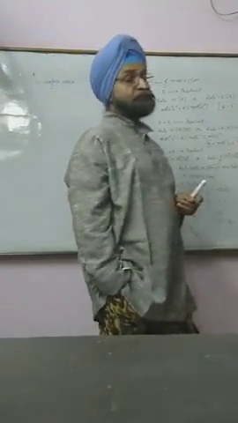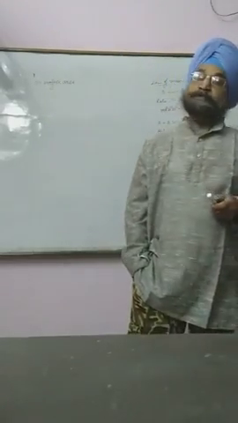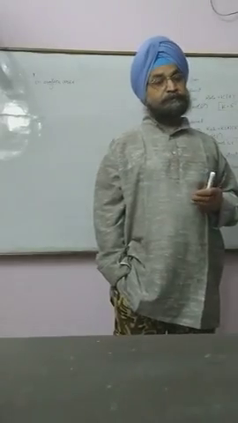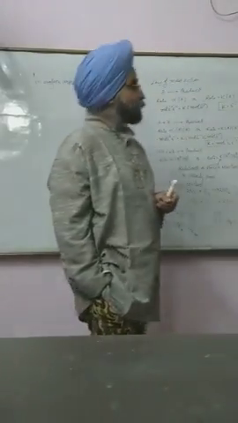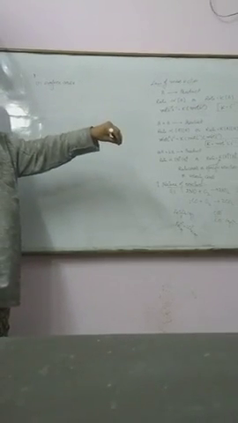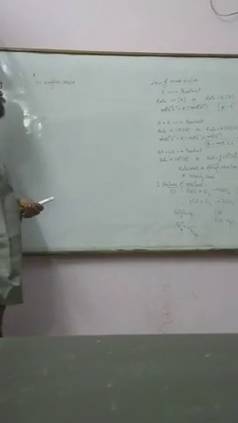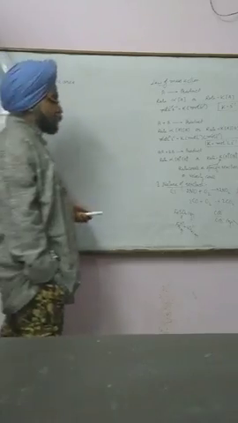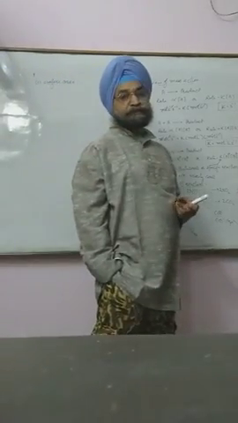The sugar solid plus water liquid gives sugar solution liquid. The sugar is in solid state, hence the reaction is heterogeneous reaction. So in case of heterogeneous reaction, greater the surface area, faster the rate of reaction. But in case of solid, how will you increase the surface area?